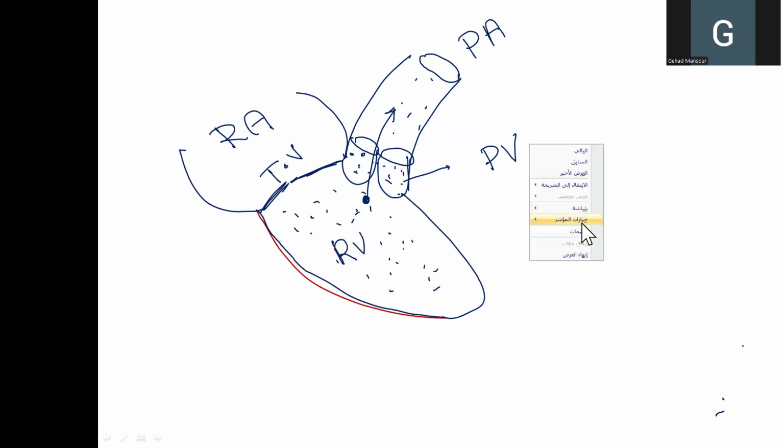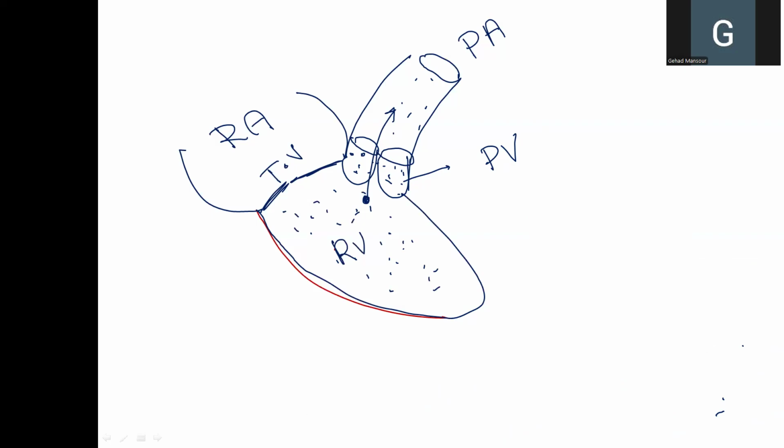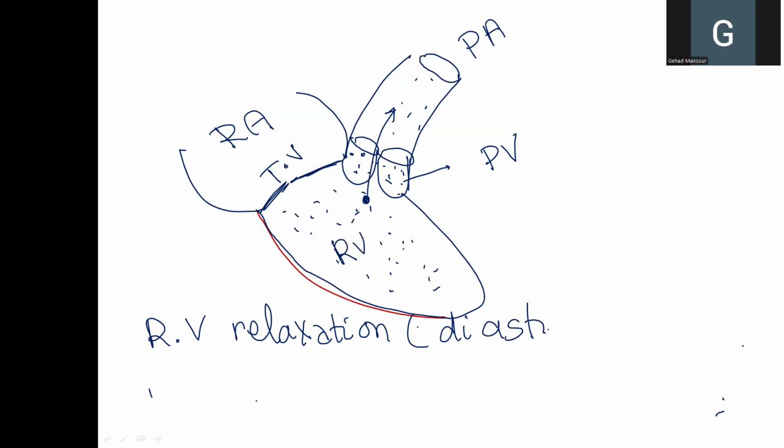The right ventricle starts relaxation or diastole after it has pumped most of the blood in it. So we now start a new period in the cardiac cycle, which is right ventricular relaxation or right ventricular diastole.